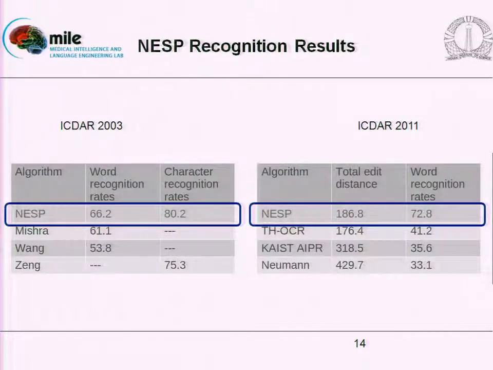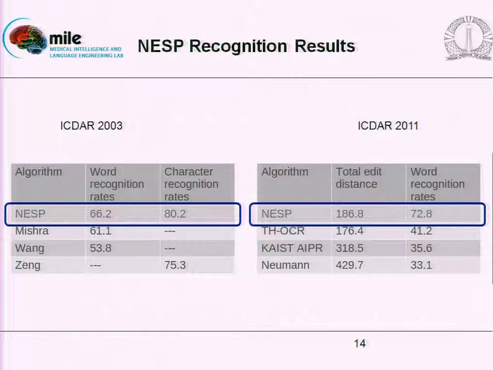But we haven't used any lexicon, and only by passing the binarized image through the segmentation, we have achieved 66%. And compared to the recent organization, it has improved a lot.